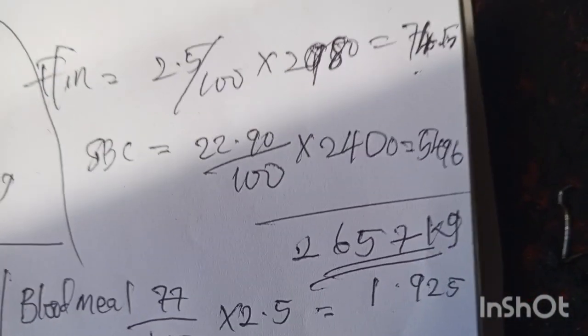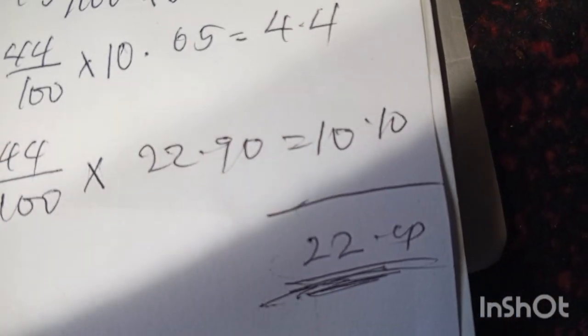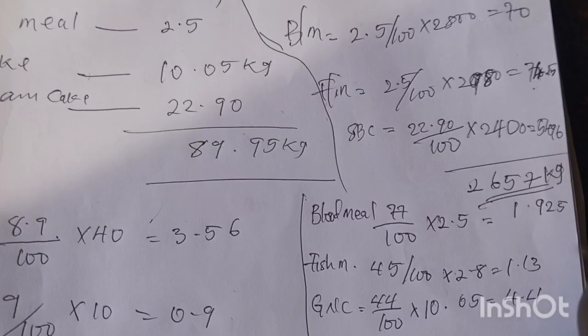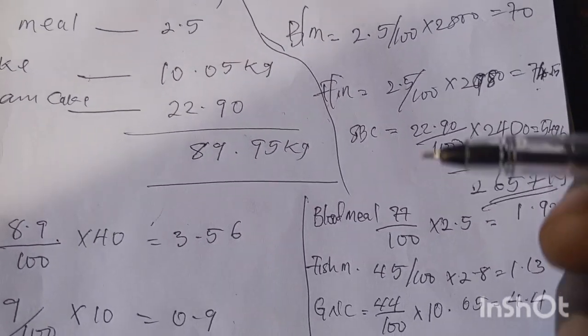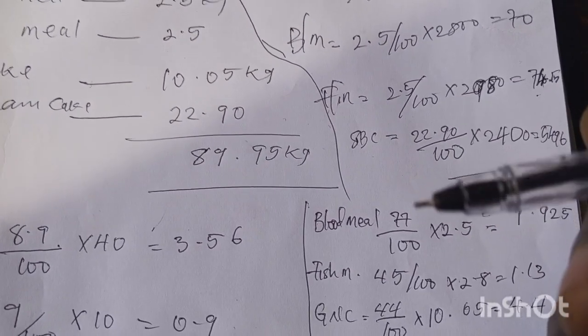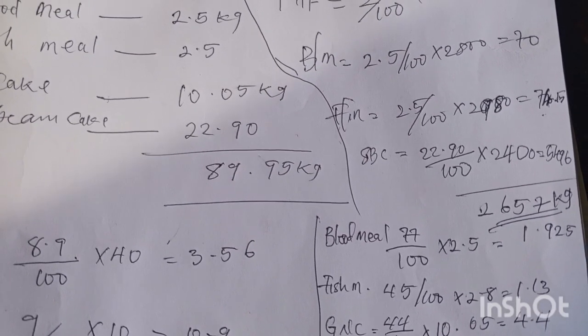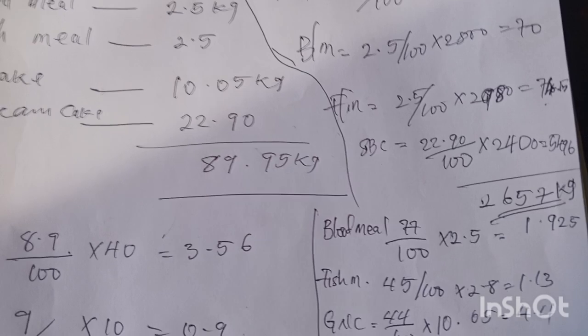Look at the energy level here. It's very, very low. But the CP is very correct, 22. So though the energy level is too low, the CP is sufficient. Therefore, it cannot meet the required. By this, the feed formulation is rejected.